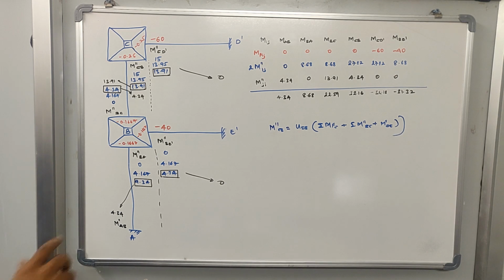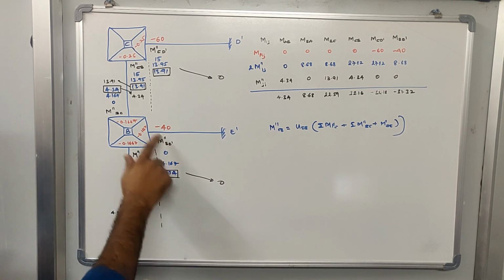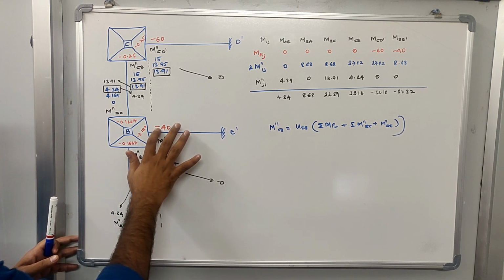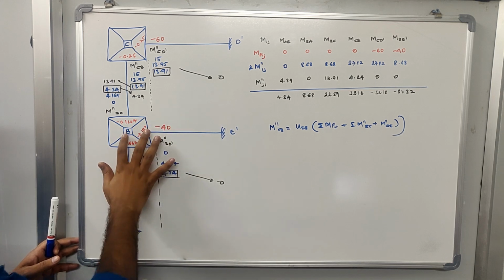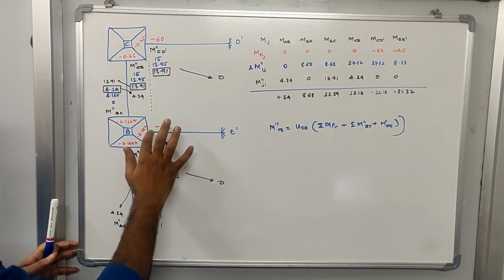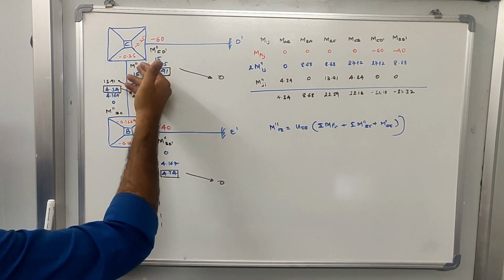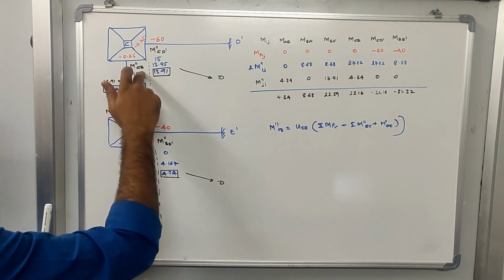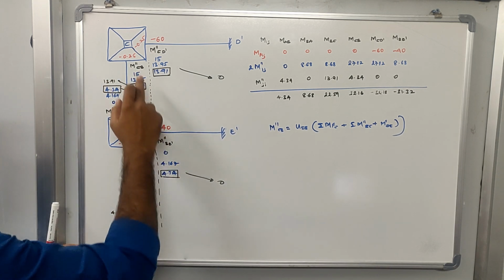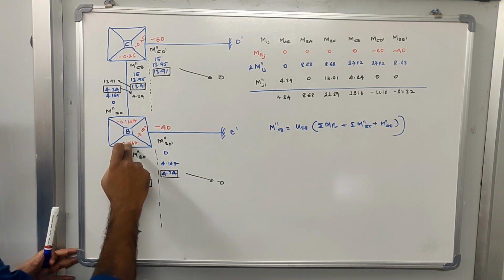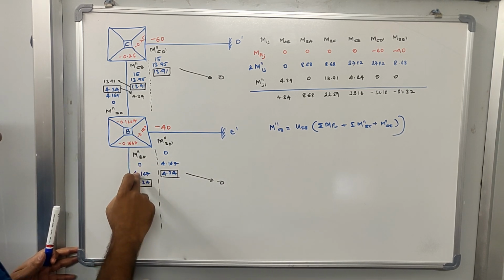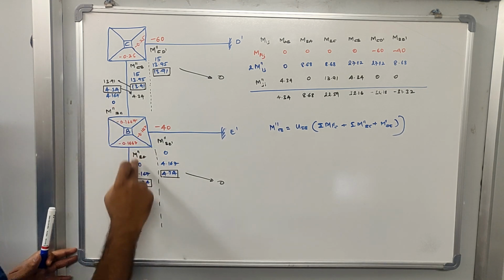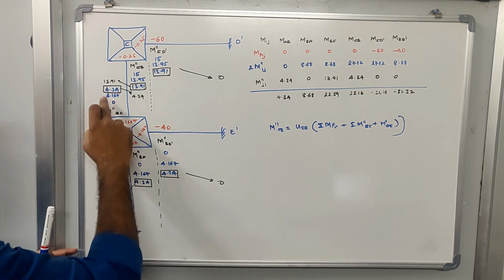Now going with the rotation factors, the first thing is minus 40, the summation of fixed end moments at joint B. Looking at the far end rotation moments, M double dash CB and M double dash AB: M double dash AB is 0, and M double dash CB is 15. So minus 40 plus 15 multiplied by the corresponding rotation factors. The rotation factors for BA, BE and BC remain the same, which is 4.167.